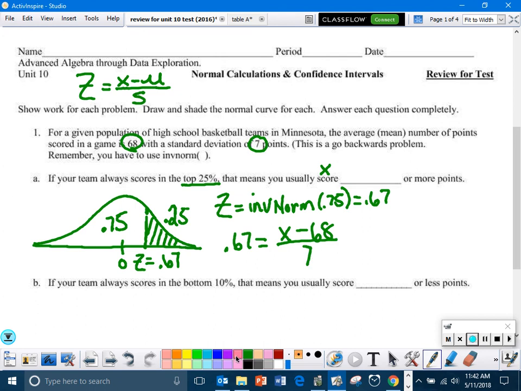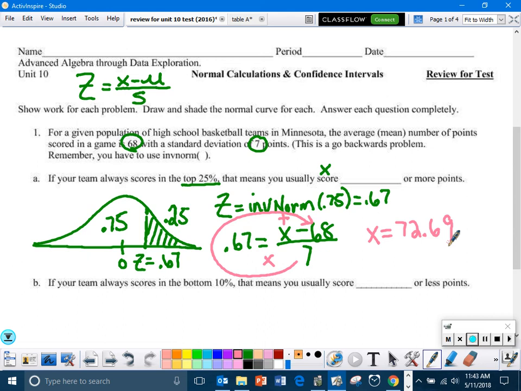All right, so when we go backwards, remember my little trick I showed you. You start at the 7, you go around like that. So what you're going to do is multiply these two together, and then you're going to add, because you're undoing it, you're going to add the 68. All right, and when you do that, you end up with x equals 72.69.